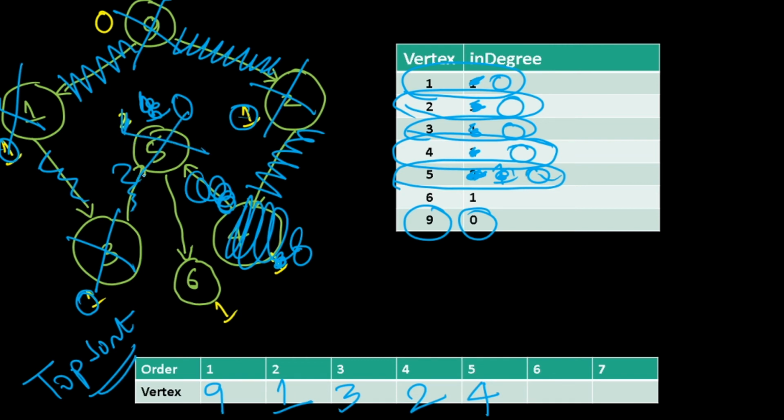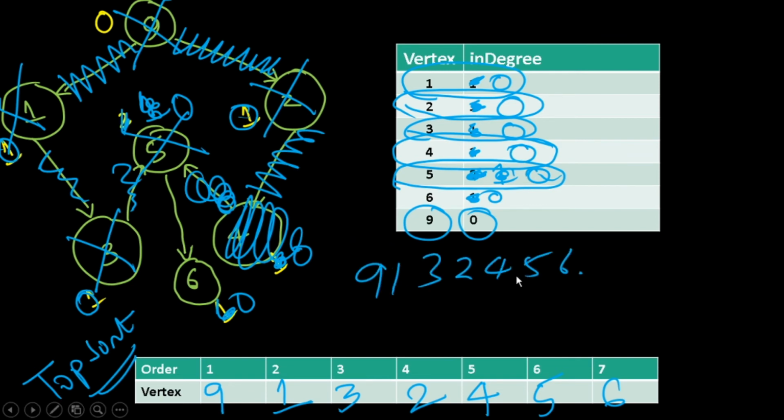So we go ahead and process 5. 5 is pushed into our topological sort order. Finally, we have the last vertex 6 with 0 in degree. All the prerequisites are done. We do 6. So one of our topological sort orders is 9, 1, 3, 2, 4, 5, 6.